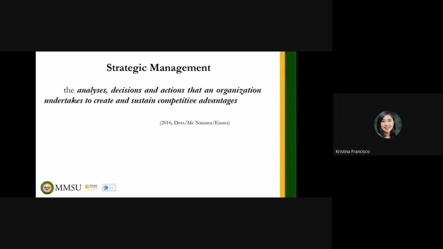So these functional areas are indispensable components. With a clear understanding of what management entails, let us now elevate our discussion by defining what strategic management is, and explore how it builds upon the principles of management to drive long-term success. As you can see on the screen, the definition of strategic management. There are many ways of defining strategic management.